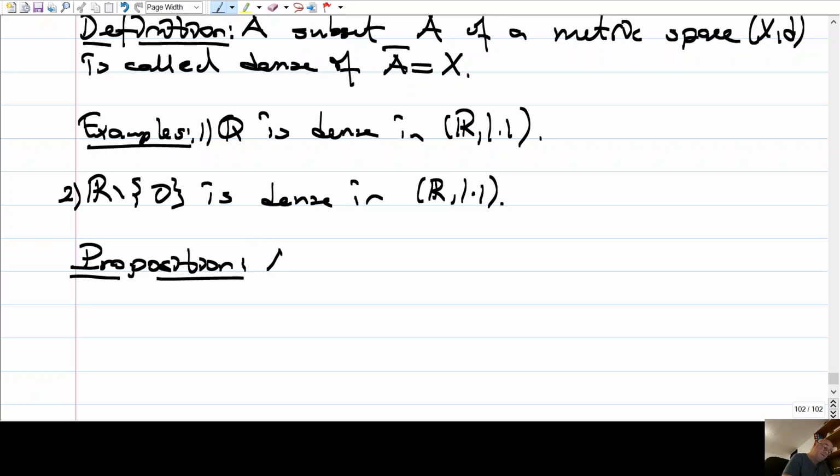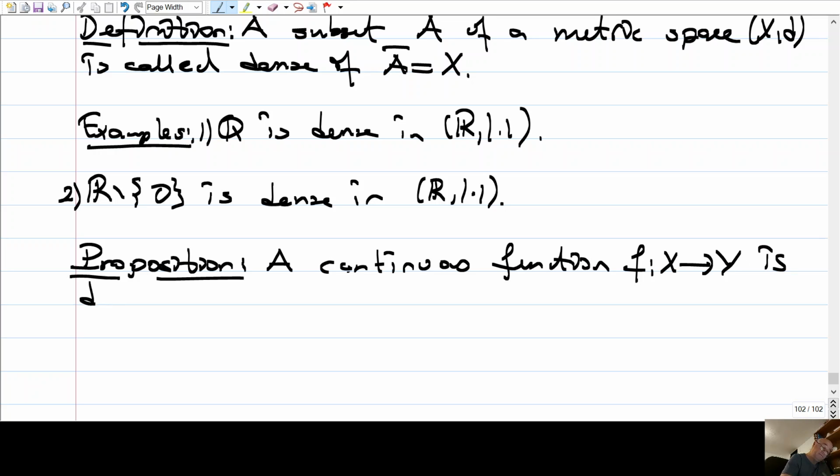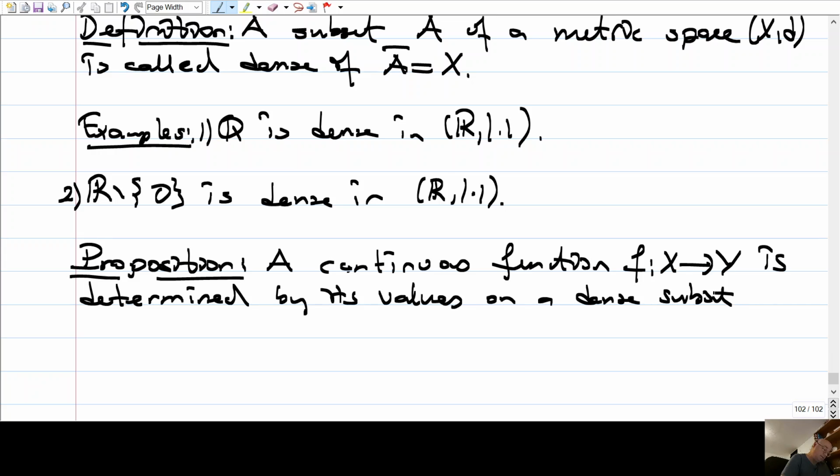A continuous function f from X to Y is determined by its values on a dense subset of X. Okay, what does this mean?